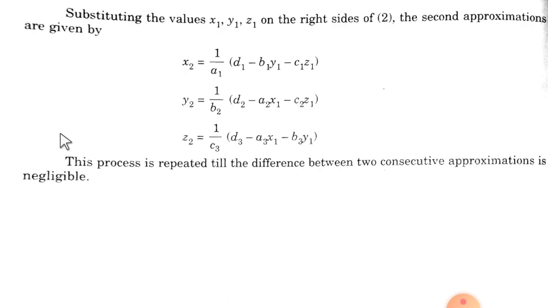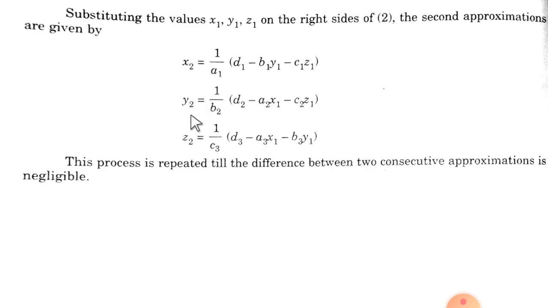In the next approximation, you have to substitute the values of x1, y1, z1 on the right side of the equations. So x2 equal to 1 by a1 into (d1 minus b1 into y1 minus c1 into z1). Instead of y0 you put the new value y1, and instead of z0 you put the new value z1.